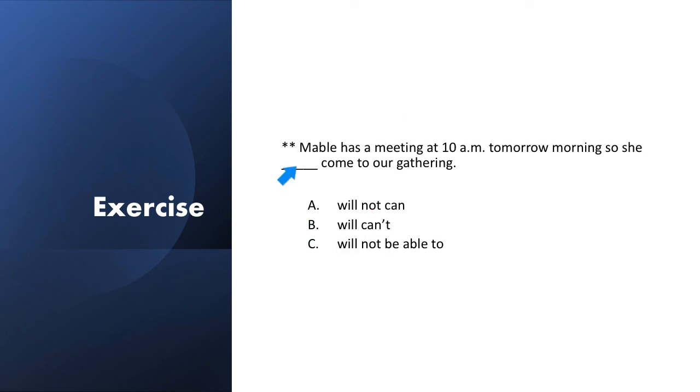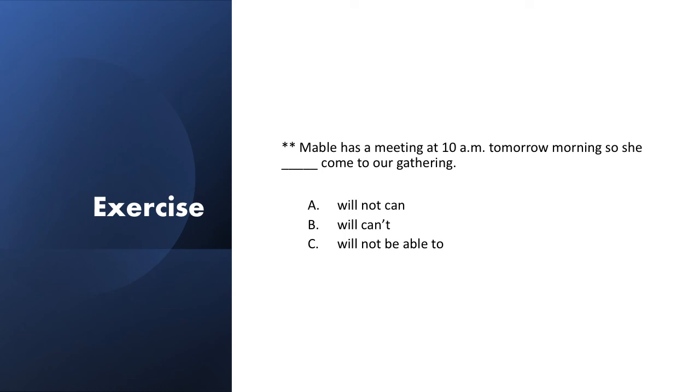Coming to the last bonus question. "Mabel has a meeting at 10 a.m. tomorrow morning, so she something come to our gathering." So this question is not about the modals focused earlier in the previous questions. This is testing your previous knowledge on other modals as well.